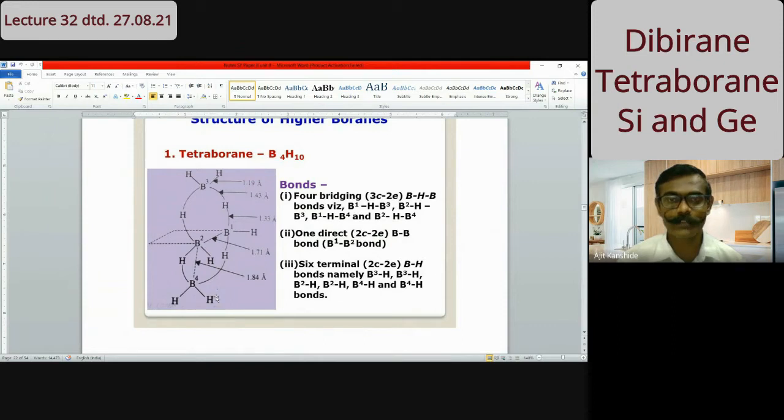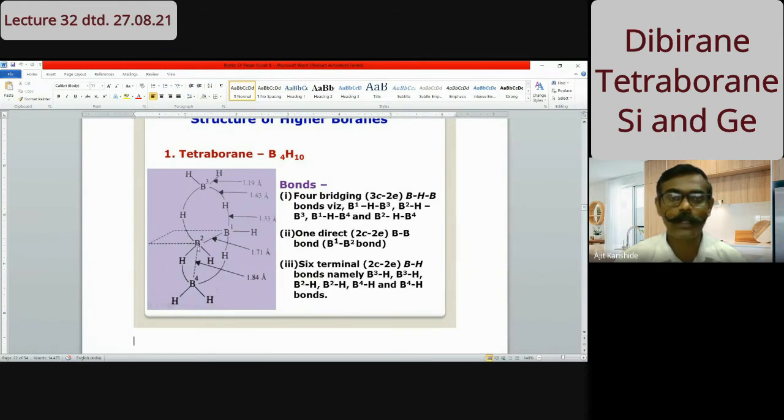Terminal hydrogens means the hydrogens which are attached to only boron. Those are terminally linked, the bonding will end. If I move from boron and come to hydrogen, afterwards I will not find any bonding. There is no kind of bridging. Such terminal hydrogens are there. So total, how many terminal hydrogens are there?